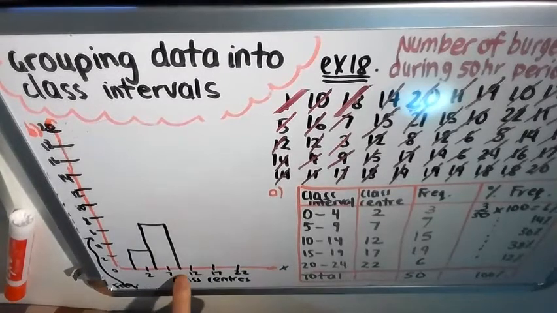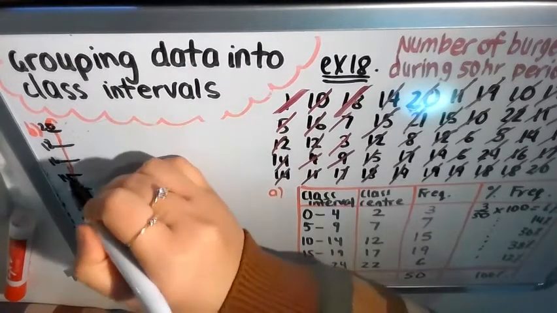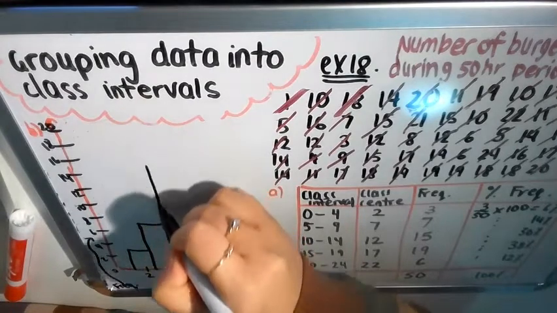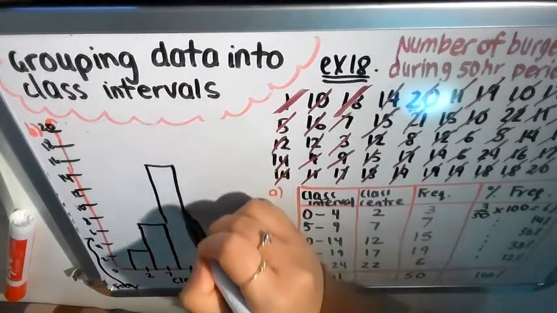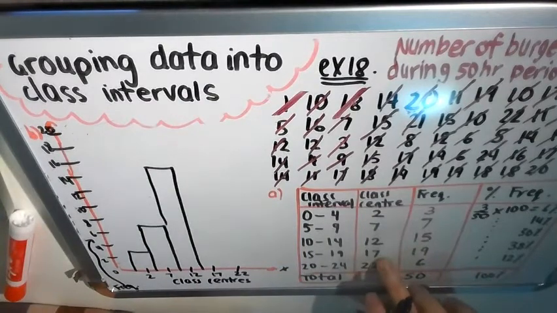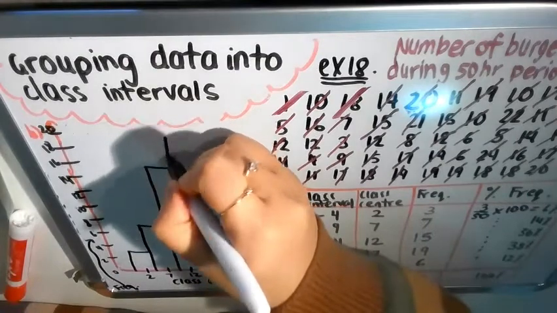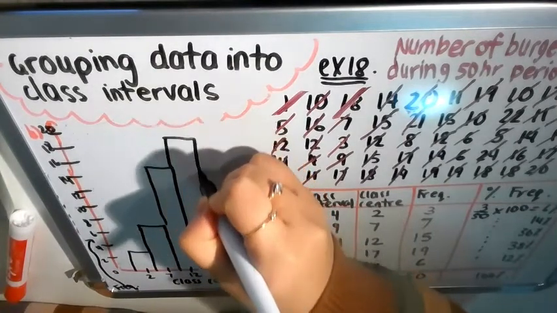Remember your class centers, like your usual histograms, the scores have to be in the middle of the column. The class center of 12 has a frequency of 15. Like that. Class center of 17 has a frequency of 19. Like that.